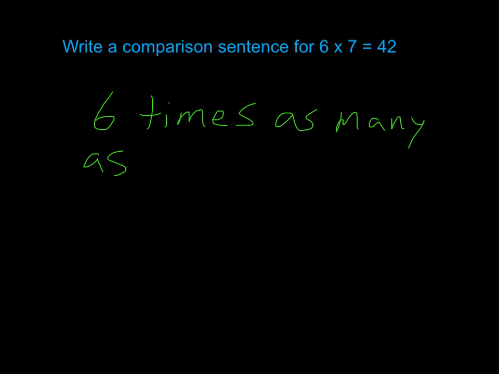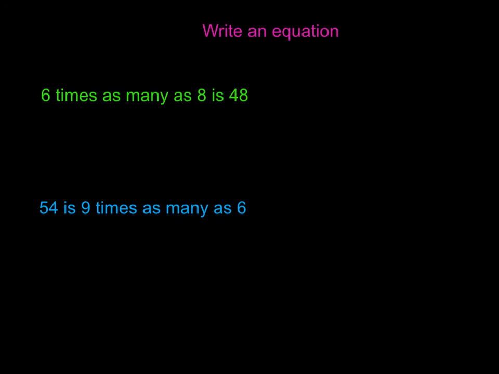So 6 times as many as 7. And then equals, when we're talking about it in sentence form, is, and then what it actually equals over there we can see is 42. So 42. Another way in which we could write this would be 42 is 6 times as many as 7. But this suffices. So now we're going to write an equation.